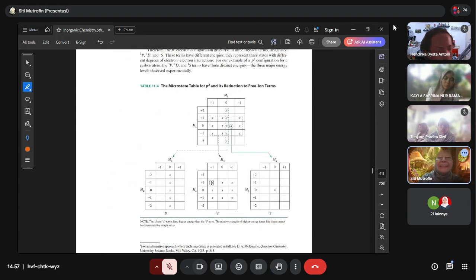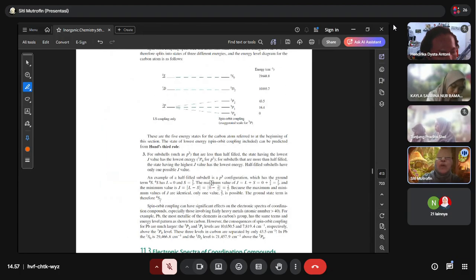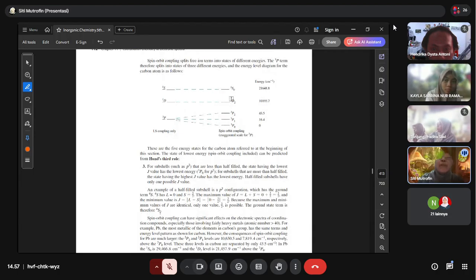So, focus please. The full free ion symbol of the 1S is 1S0. The 0 comes from L, since the L of S is 0, and its S is also 0. The 1 comes from 2 times S plus 1.